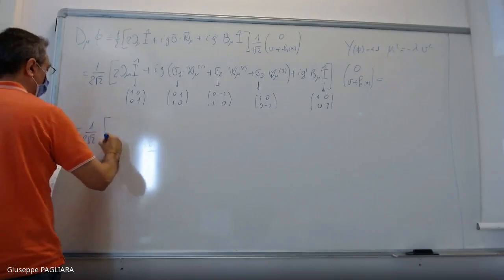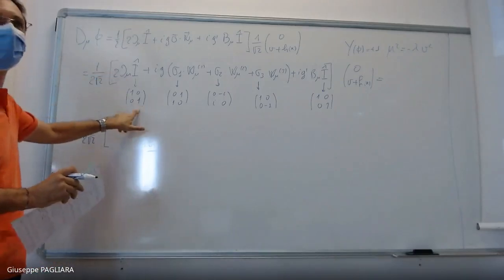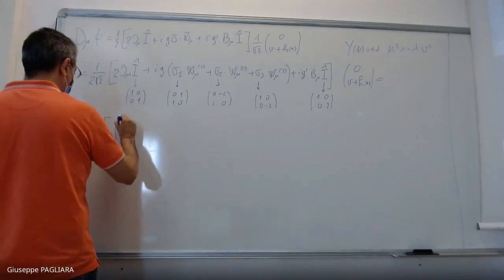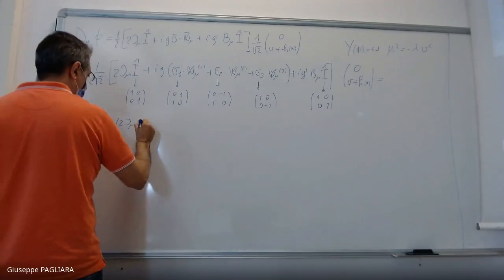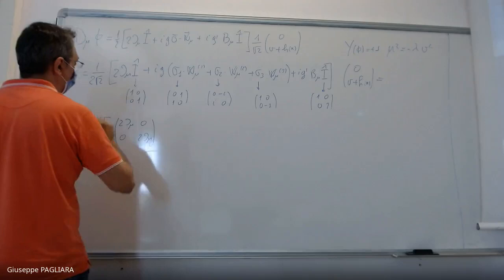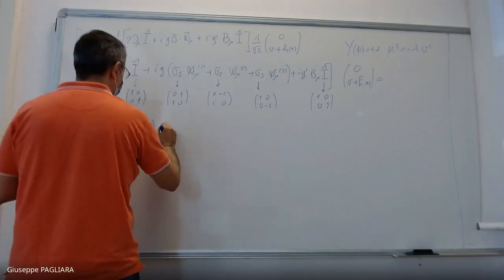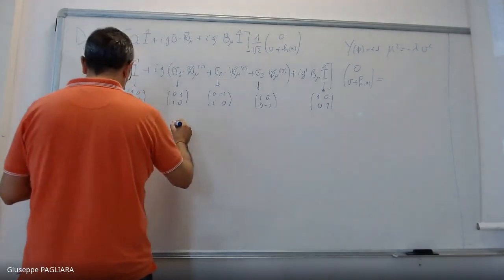This remains. So now we have 2 partial mu multiplying the identity matrix. So this is 2 partial mu, 0, 0, 2 partial mu. This is the first step. Plus, now we multiply i g times this Pauli matrix here.